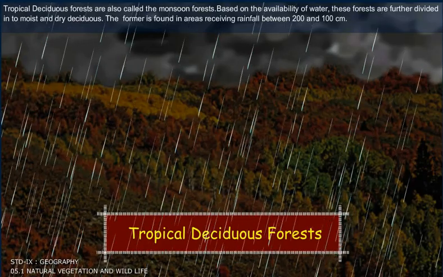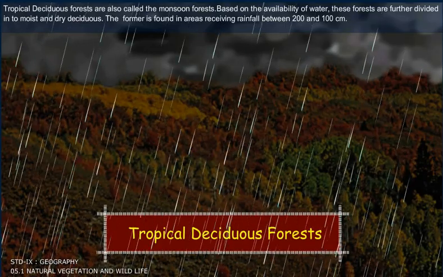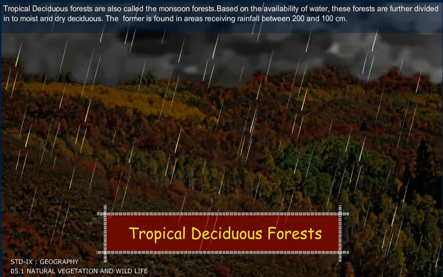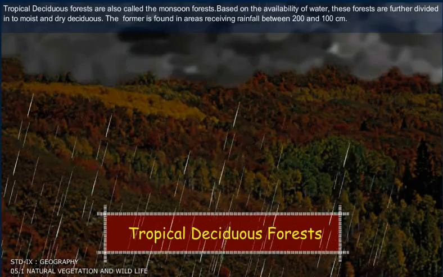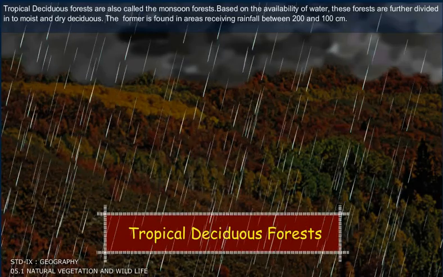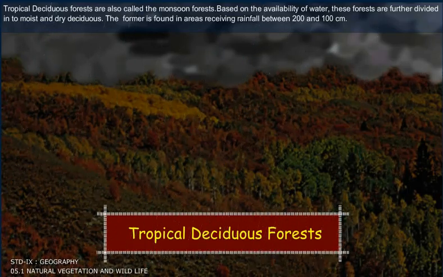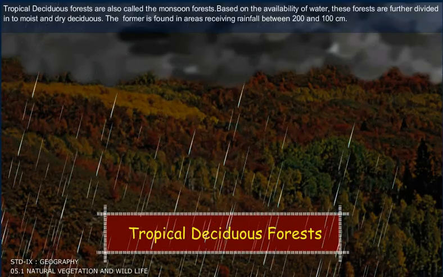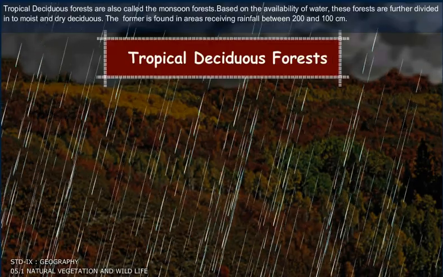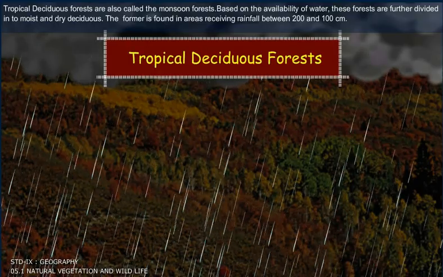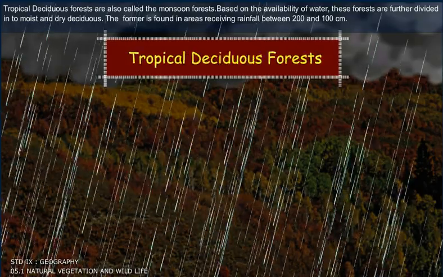Tropical deciduous forests are also called the monsoon forest. Based on the availability of water, these forests are further divided into moist and dry deciduous. The former is found in areas receiving rainfall between 200 and 100 centimeters.